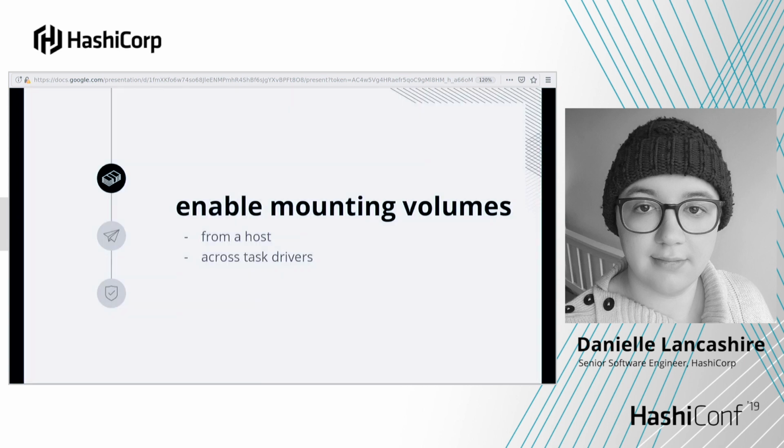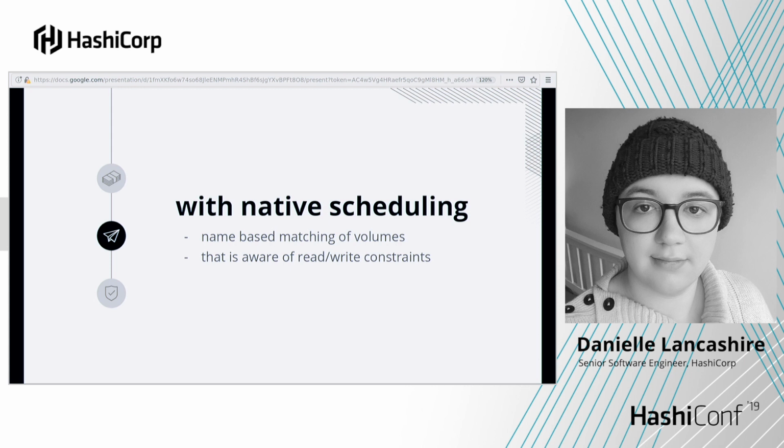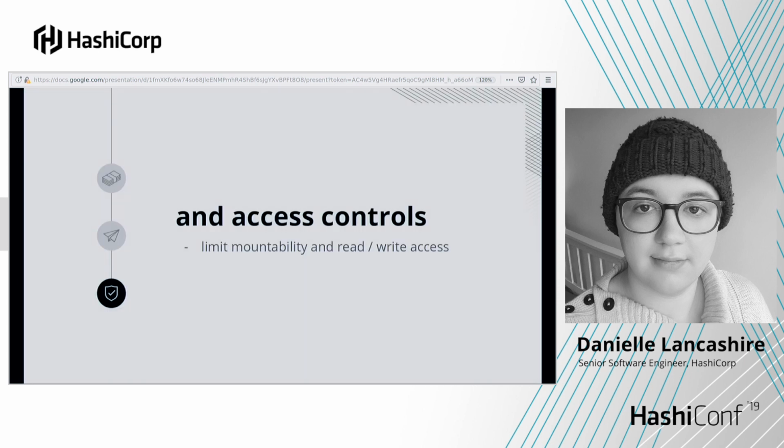So what we want to do is enable mounting these volumes from your host across any task driver with native understanding of scheduling. So we can have read-only volumes, writable volumes, and some other nice things in the scheduling layer. And also have access controls that can limit the mountability and various access types of that data.